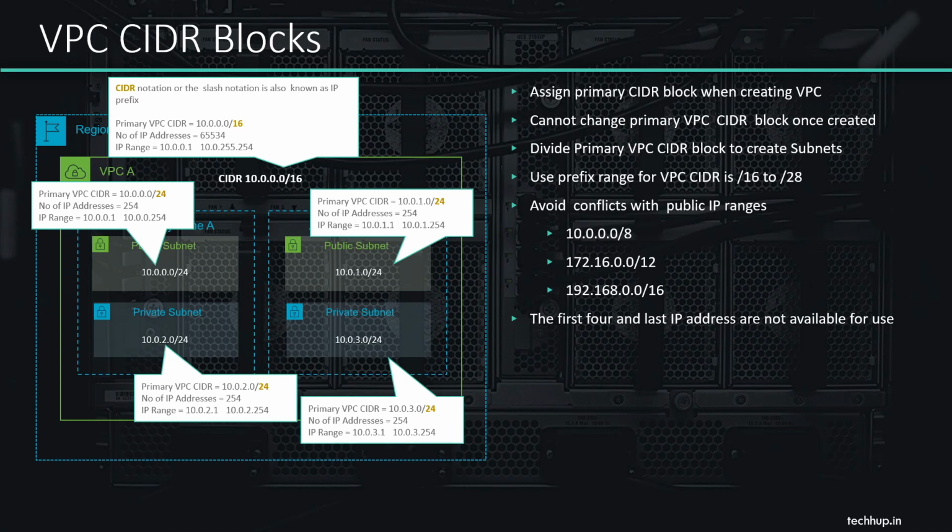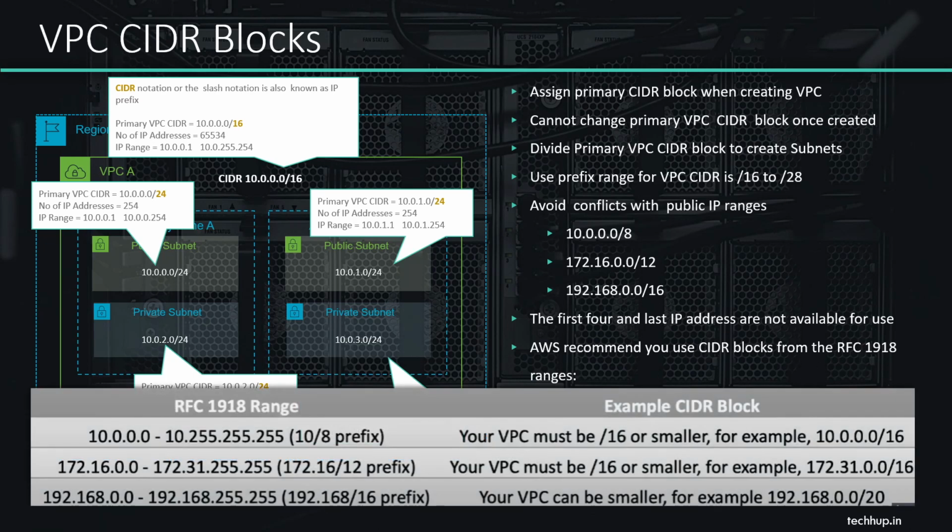We also need to remember that the first four and the last IP addresses are not available for use, as they are reserved by AWS. AWS also recommends you to use CIDR blocks from the RFC 1918 ranges as shown in the table below.